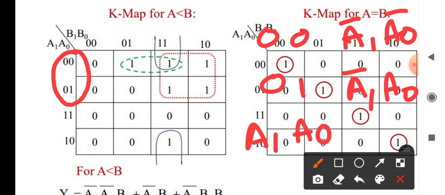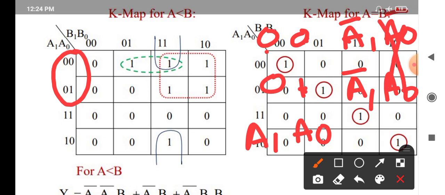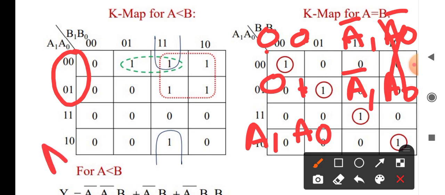Here 0 0 is there, you note down that. Which is different, that is 0 1. So a0 should be neglected, a0 should not be taken. What is the common here? 0 0, then take a1 complement. So take a1 complement.